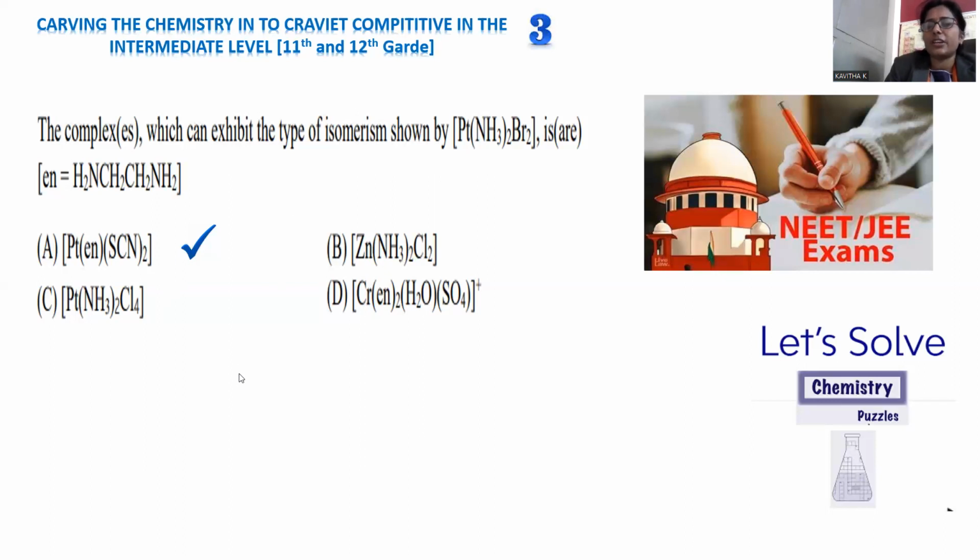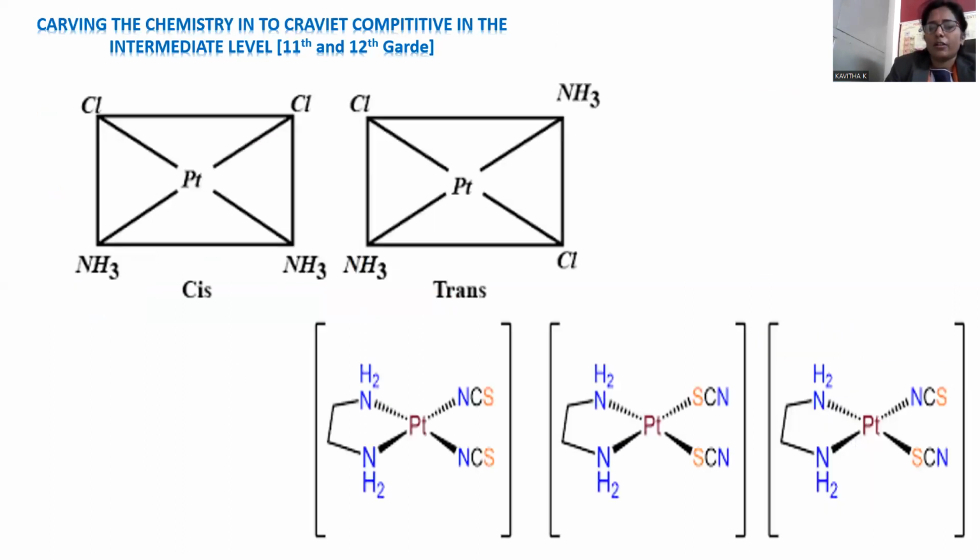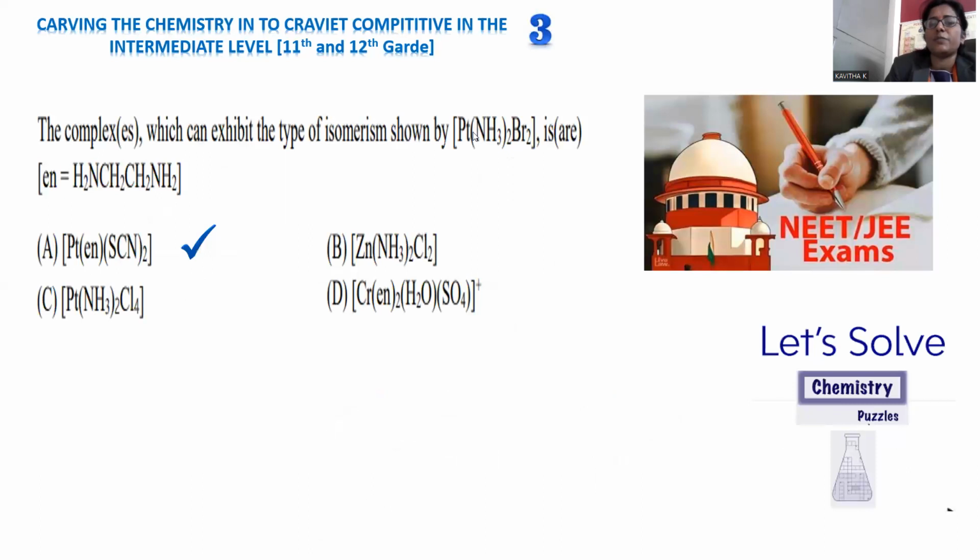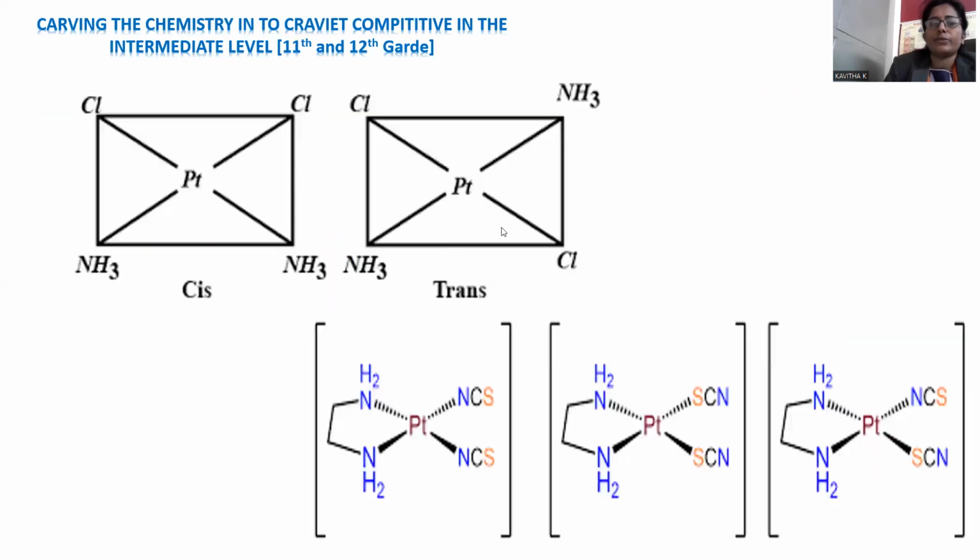Let's see the exact geometry of all of these options provided. Platinum diamino dichloro complex is provided in both possibilities, either 2 chloro on the same side or 2 chloro on the opposite edges. Same side is called cis, opposite edges called trans. Both possibilities we have for the problem question, that is platinum NH3 taken twice Br2.